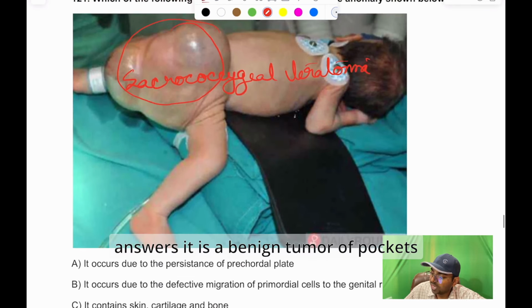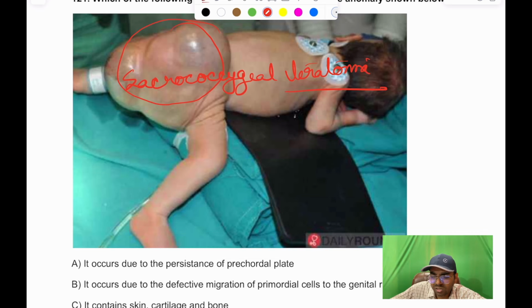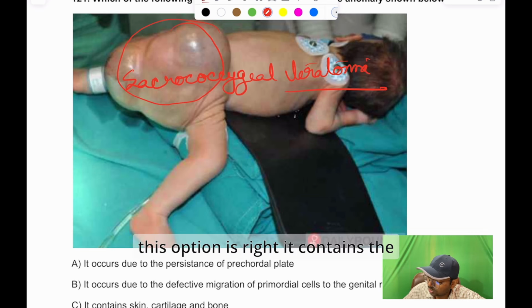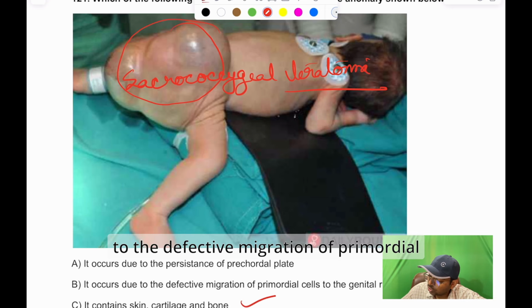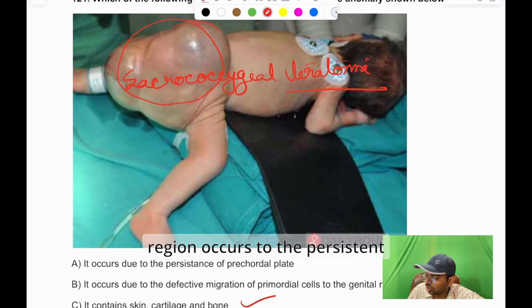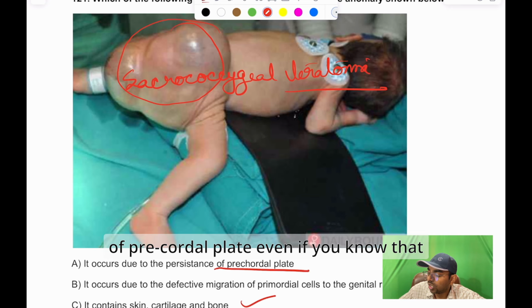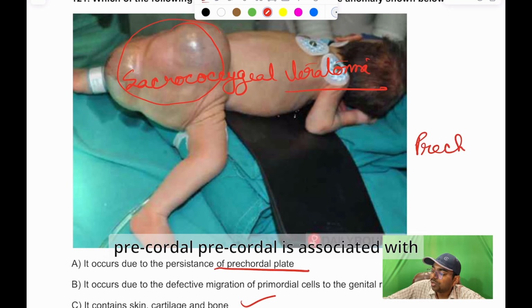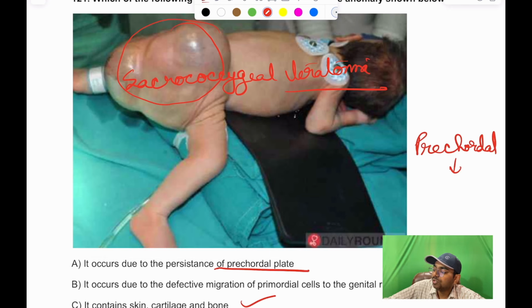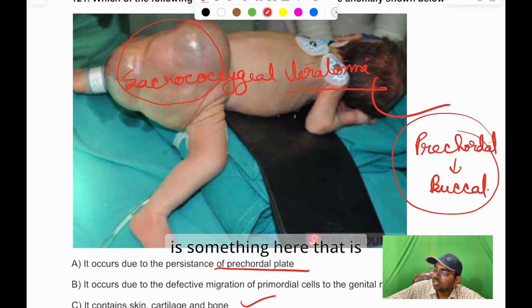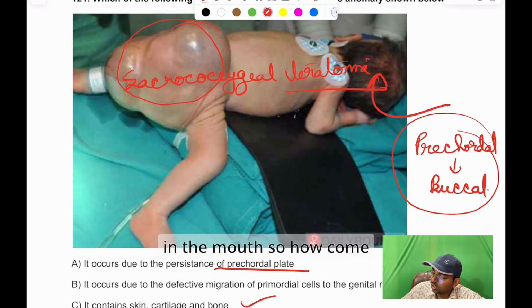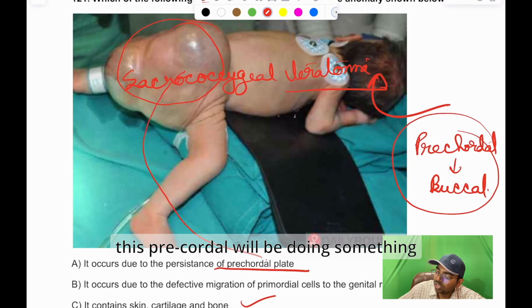It is a benign tumor of coccyx. It is a teratoma. Fine. This option is right. It contains skin, cartilage, bone. Right. It can contain. It occurs due to defective migration of primordial cells to the genital ridge. It occurs due to the persistence of precaudal plate. Even if you know that precaudal is associated with the buccal membrane, so precaudal is something that is in the mouth. So how come this precaudal will be doing something here?